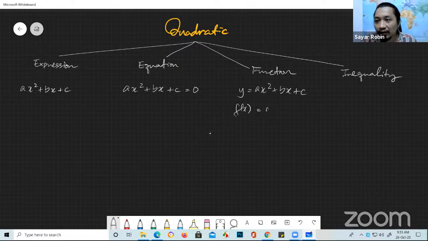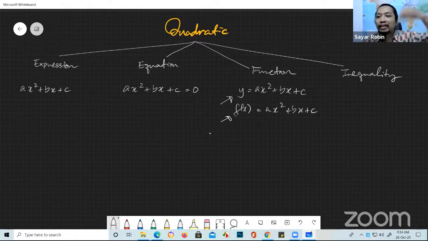We have to understand ax squared plus bx plus c. Sometimes y is equal to something, and f of x is equal to something. This is called a function. If you substitute some number you like into x, you get some value. That is called a function.